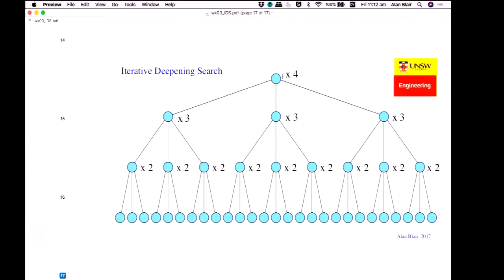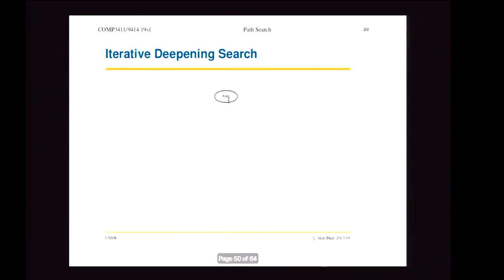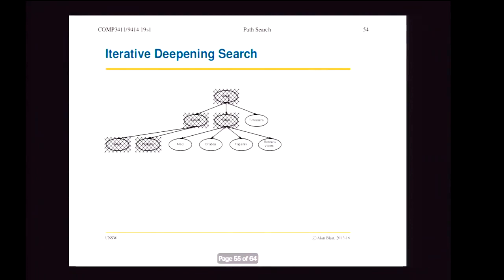This root node got expanded 4 times. Because it appeared at every step, these nodes got expanded 3 times, these nodes got expanded twice, and these nodes only got expanded once.